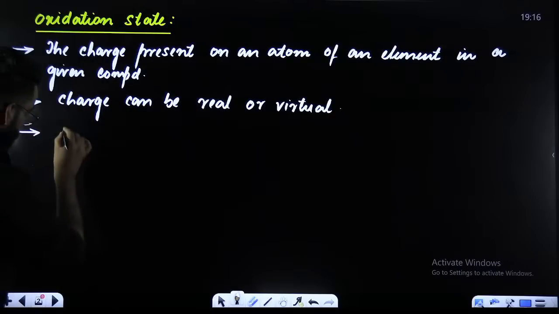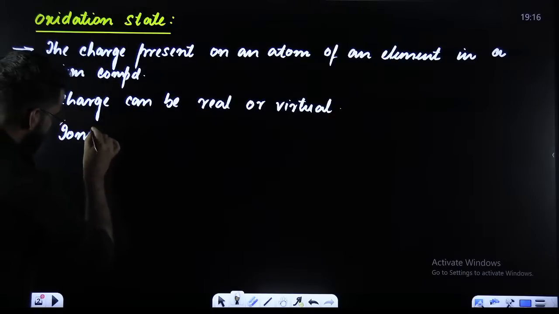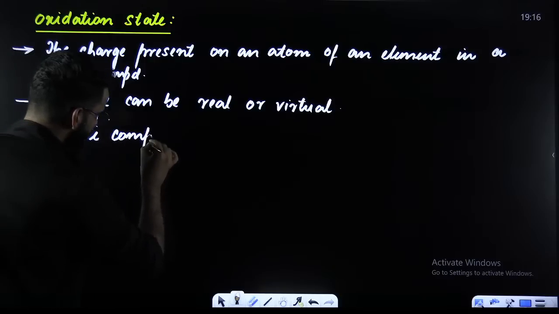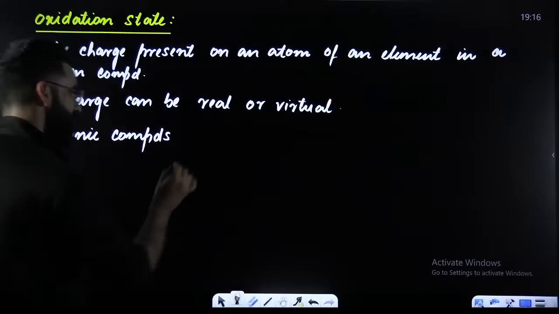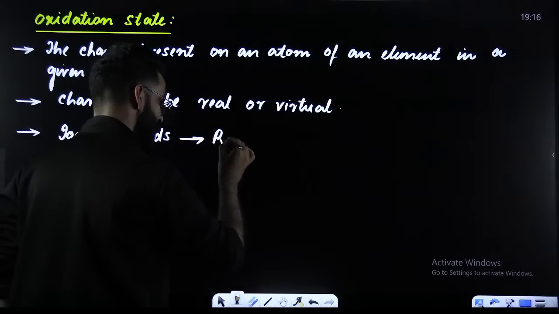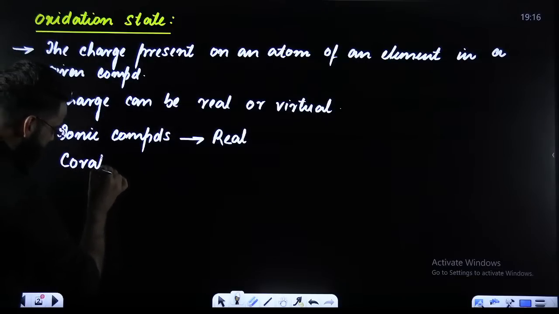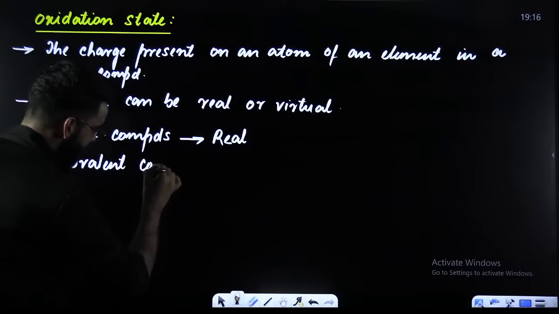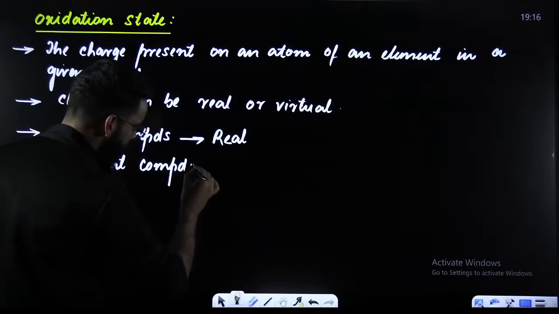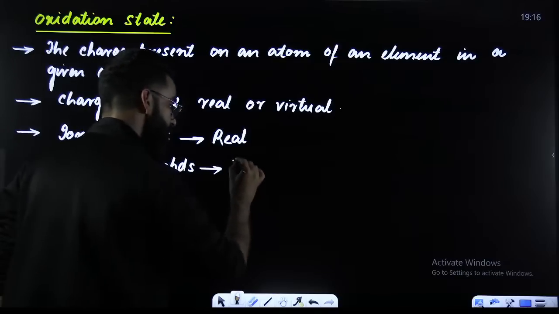Number three, in case of ionic compounds, the charge is real, and in case of covalent compounds, the charge is virtual.